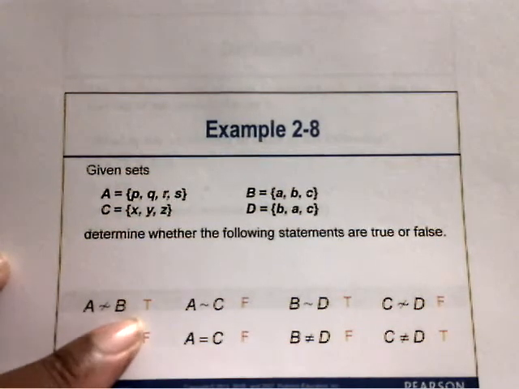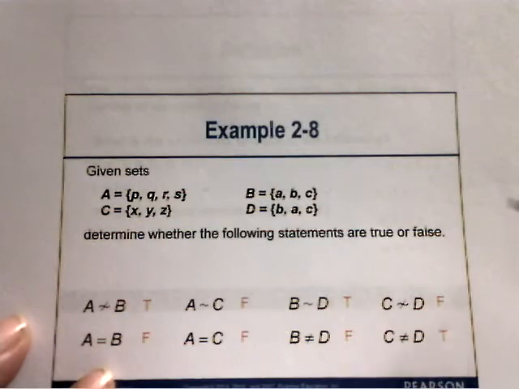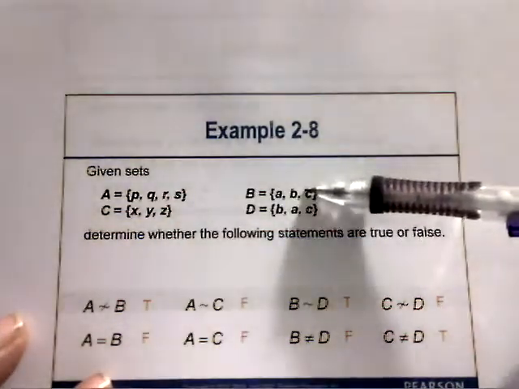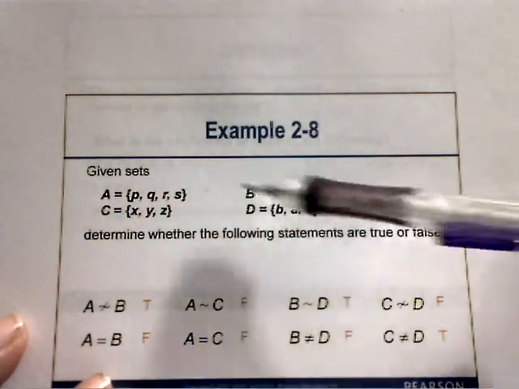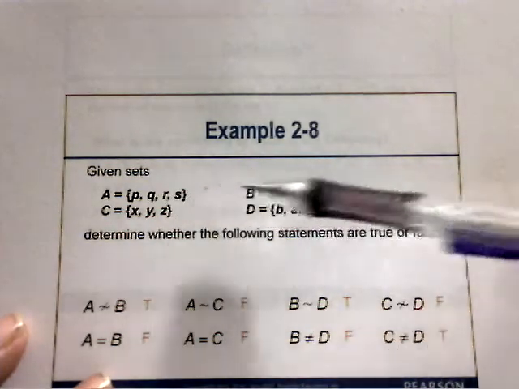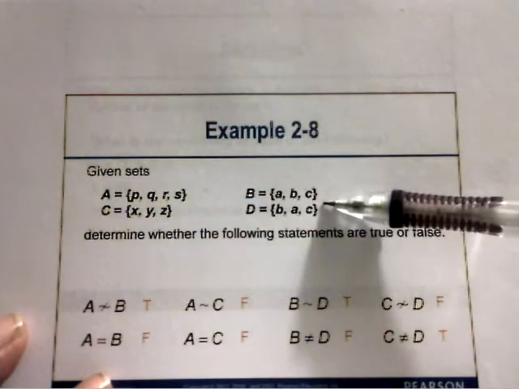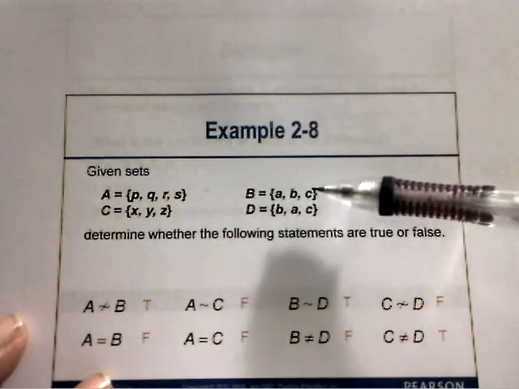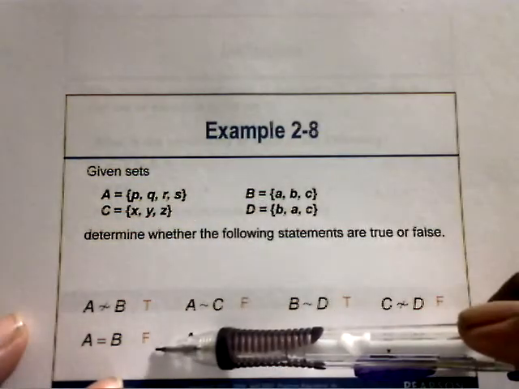So that's true. Now A is equal to B. Well, guess what? Sets A and B do not have the exact same elements. Here A has PQRS, but B has ABC. What's in A is not in B, and what's in B is not in A. So that's false.